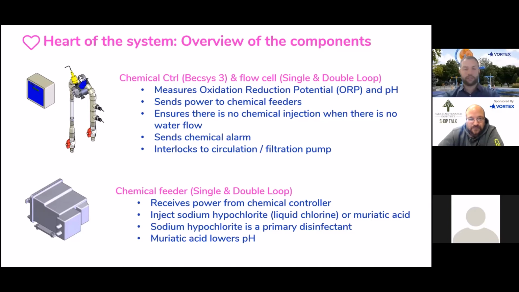Your chemical feeder, just to finish off this slide here, receives power from the overall chemical controller. It will inject sodium hypochlorite or liquid chlorine, or muriatic acid. The chlorine is going to be your primary disinfectant, whereas the muriatic acid will lower your overall pH.